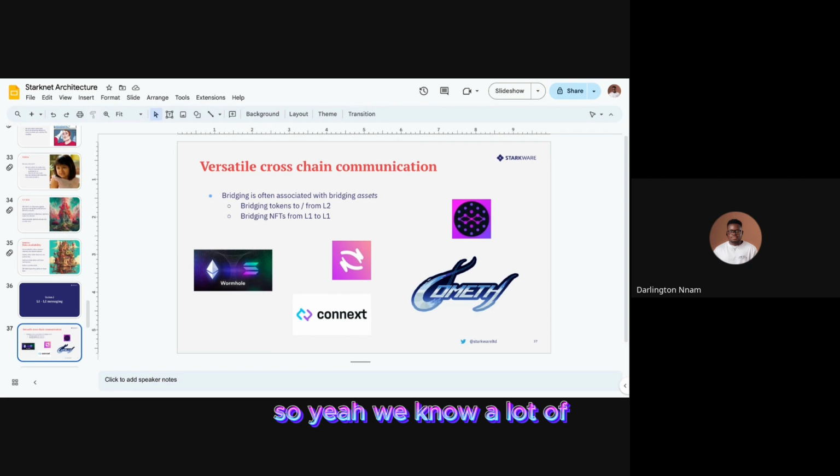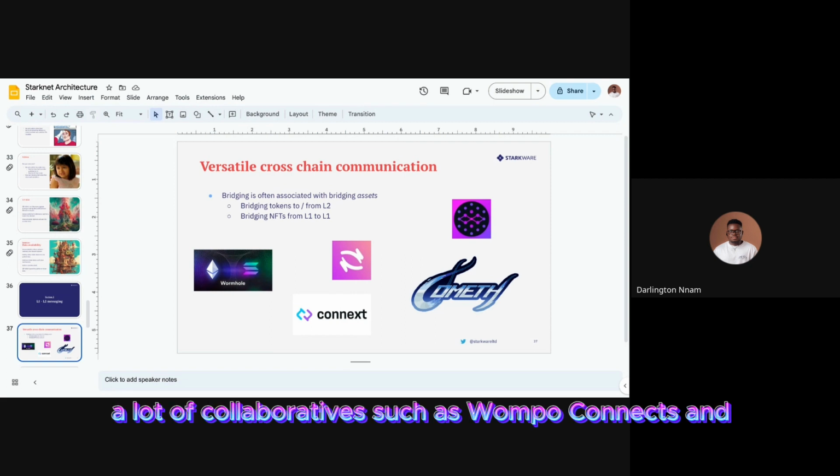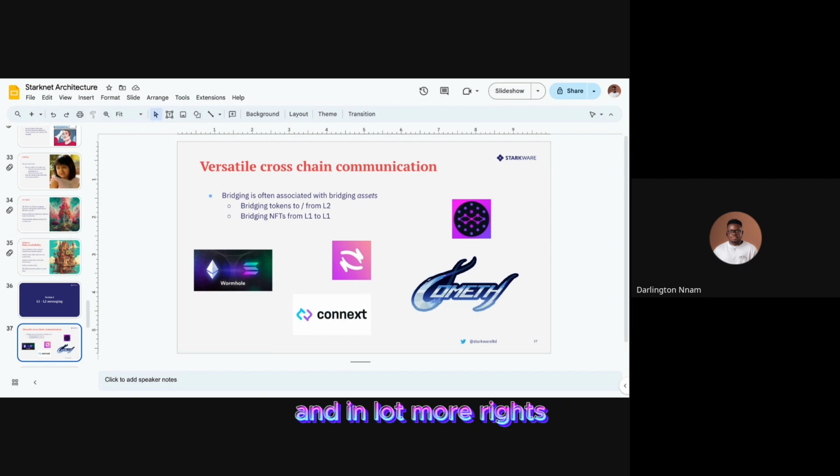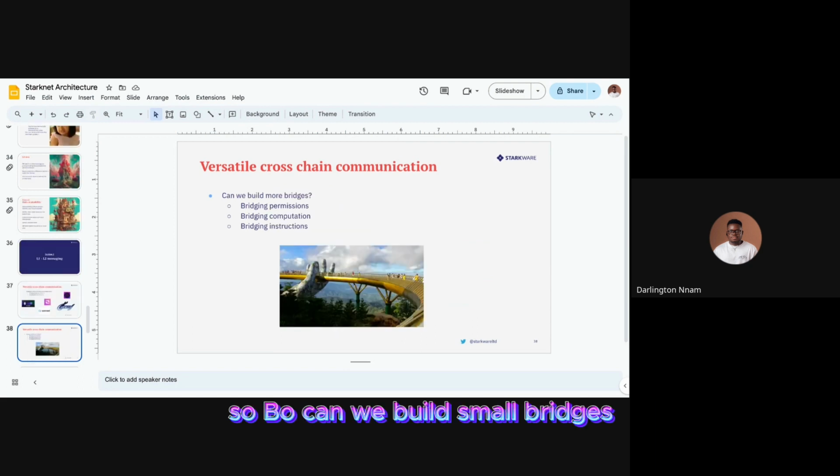So we know a lot of popular bridges such as Wormhole, Connext, and a lot more. So as I was saying, bridging is very important. And most times when we mention bridging, we tend to associate it with bridging assets, bridging ERC-20 tokens, bridging NFTs, etc. But can we build more bridges?